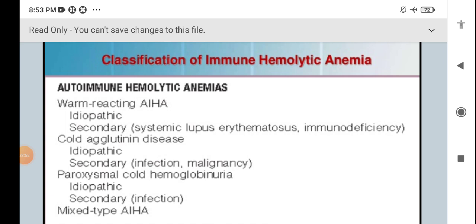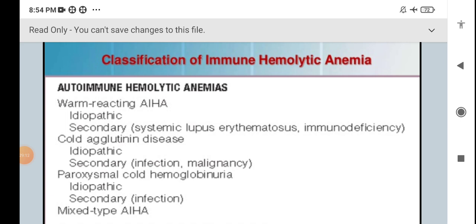Classification: warm reacting AIHA, that is idiopathic or secondary; systemic lupus erythematosus could be the cause, immunodeficiency could be the cause. Then cold agglutinin disease, idiopathic or secondary to infection, malignancy.